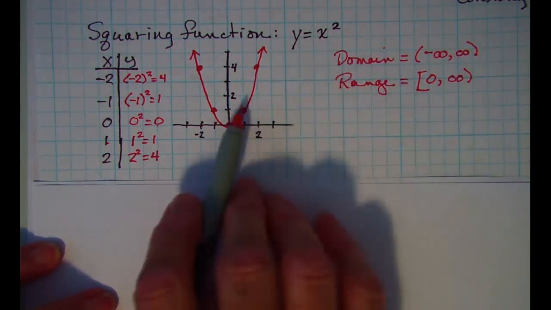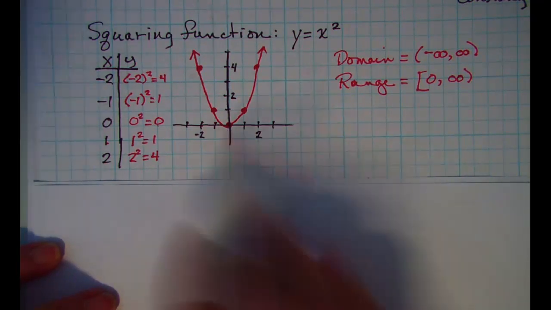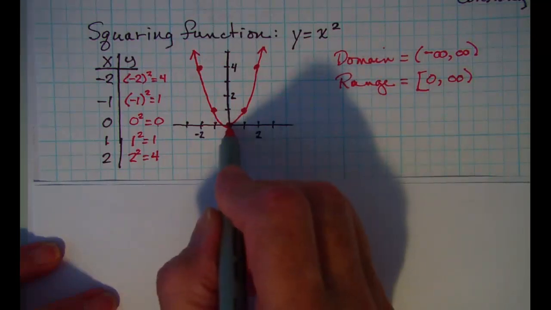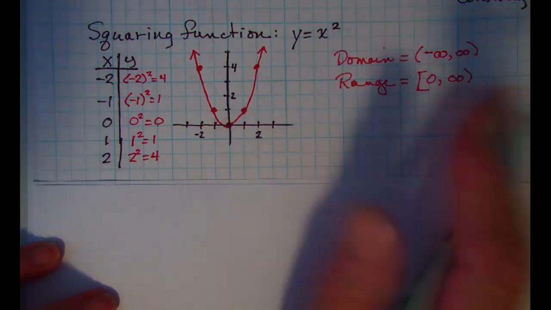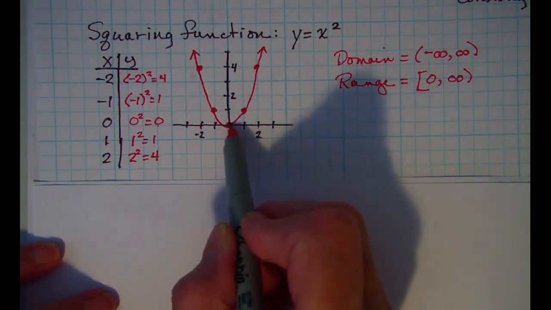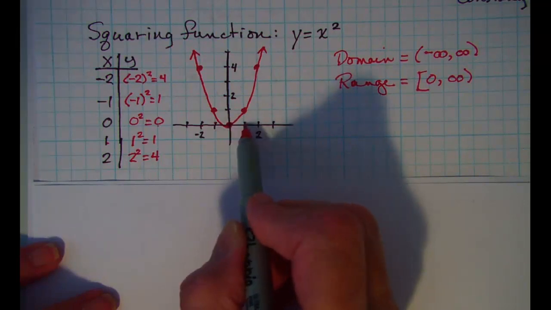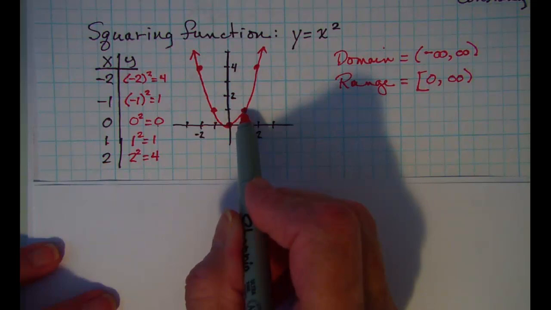Now, when we remember the y = x squared graph so that we can use it later, I want you to remember that it has its vertex here at the origin. We may move that, but our basic graph has its vertex at the origin, and when you move to the right 1 unit from that vertex, you go up 1 unit on the basic graph.